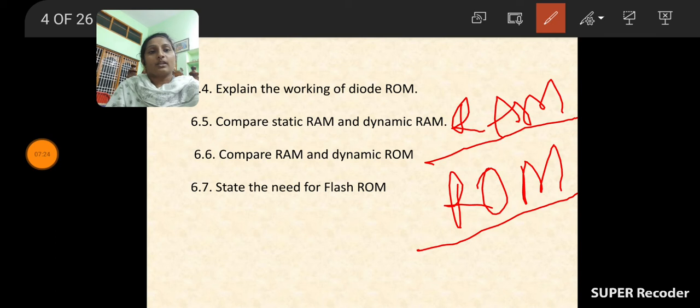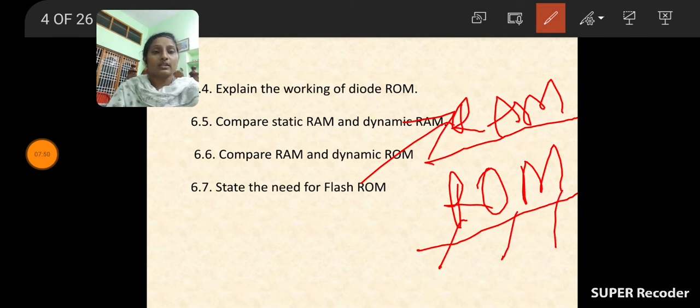While coming to the random access memory, here we are able to enter the data and also retrieve the data. Both read and write operations can be done with the RAM. But ROM indicates read only memory.